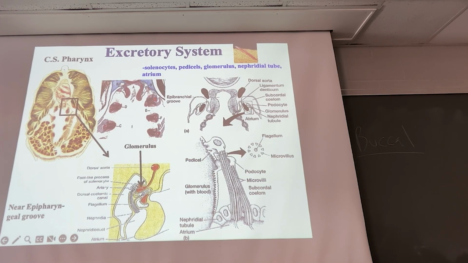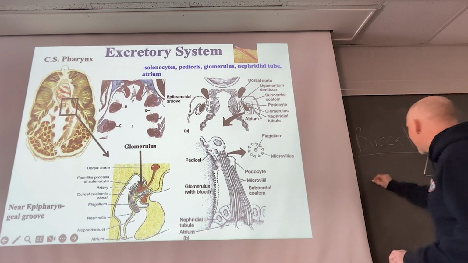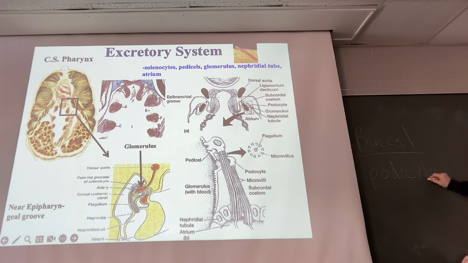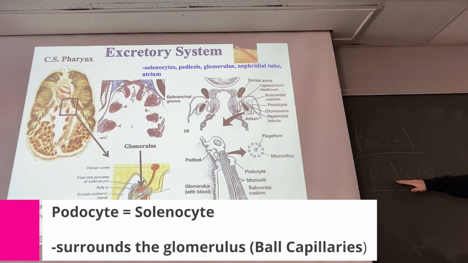And they're going to use a specialized cell here that's called a solenocyte. In some textbooks, they'll label this cell a podocyte. A podocyte is the name that you would give it in a vertebrate. Podo means foot, cyte means cell, literally foot cell, right?